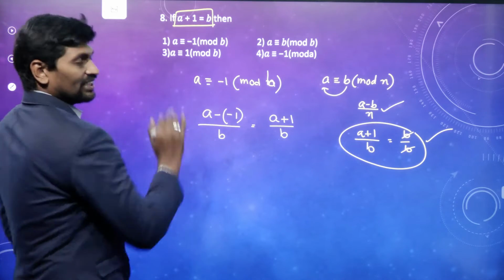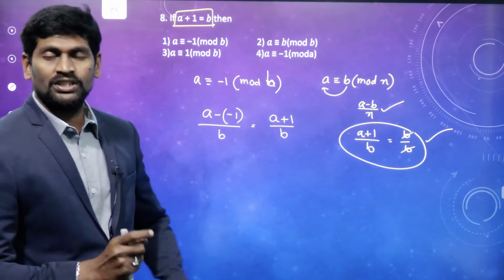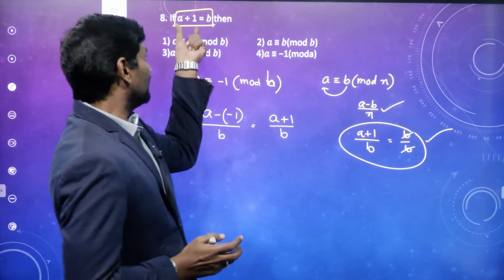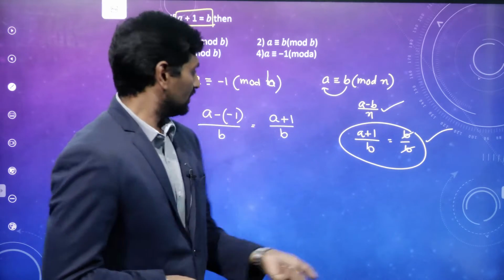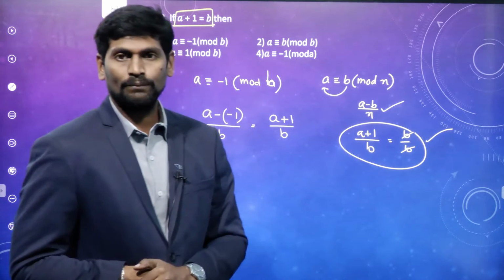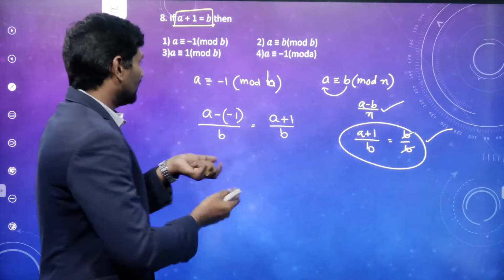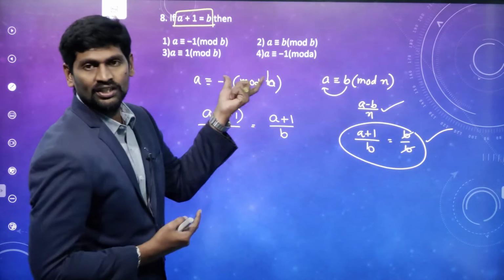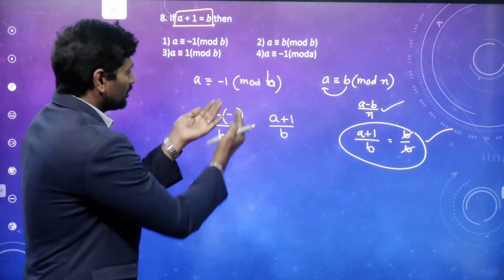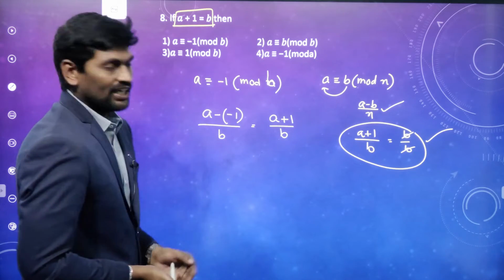So from the condition a plus 1 equals b, we have to identify that a plus 1 should be divisible by b. Am I right? That's why I have written that a is congruent to minus 1 modulo b. That means when you bring minus 1 this side, it will be plus 1.